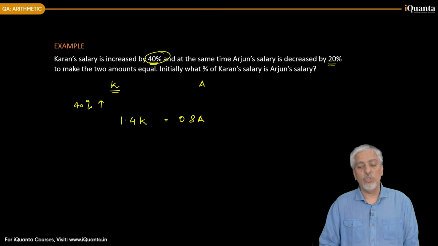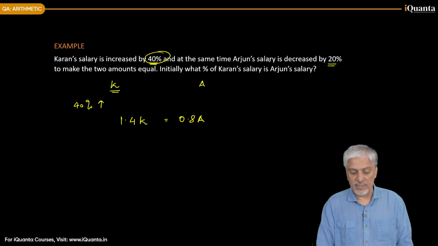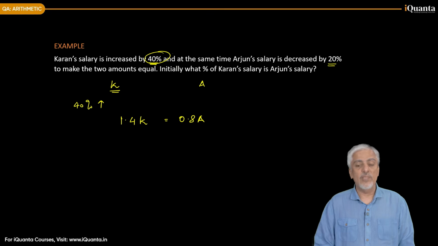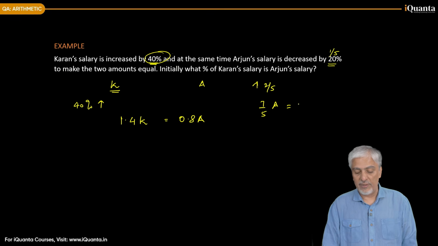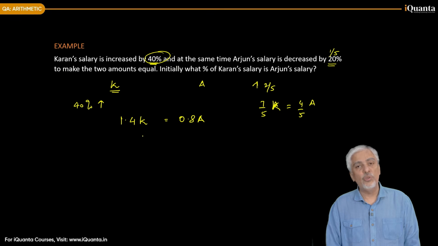You can also use fractions: an increase of 2 by 5 makes it 7 by 5 of K, and a decrease of 20%, which is 1 by 5, makes it 4 by 5 of A. If you remove the decimals, you get more or less the same thing.